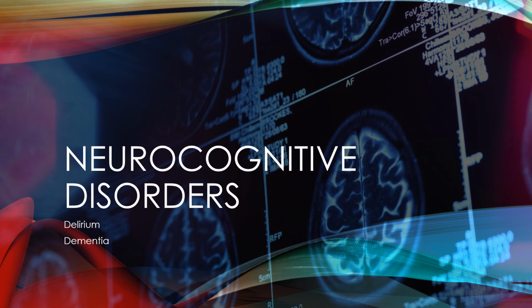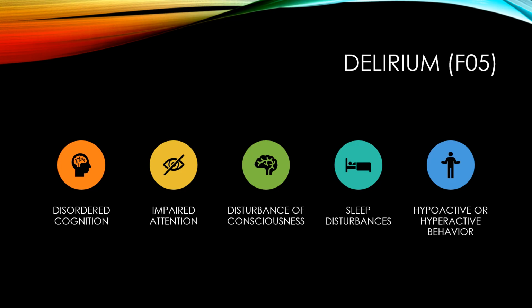So we're going to spend a little more time now talking about neurocognitive disorders, and this would include delirium and dementia. For delirium, you can have disorganized cognition, impaired attention, disturbances of consciousness, sleep disturbances, and hypoactive or hyperactive behavior.